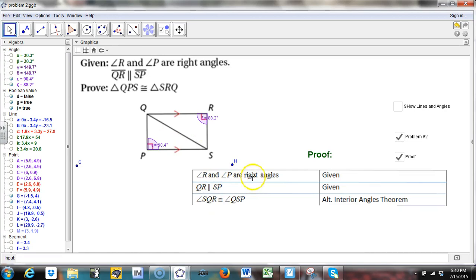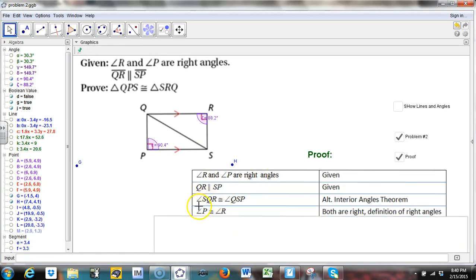So we have the fact that angle P and angle R, I'm just going to state the fact that they're congruent, because our proof has to, guys, if we're going to use a side angle side or an angle side angle like in this case, before we make that statement, we have to have it stated with logical reasoning that we have each congruence combination in sides and angles before we just state the two triangles have to be congruent. We have to make the fact that they have the three parts in the combinations being congruent. So here we have this angle SQR, those alternate interior angles. We're stating that they have to be congruent to each other.